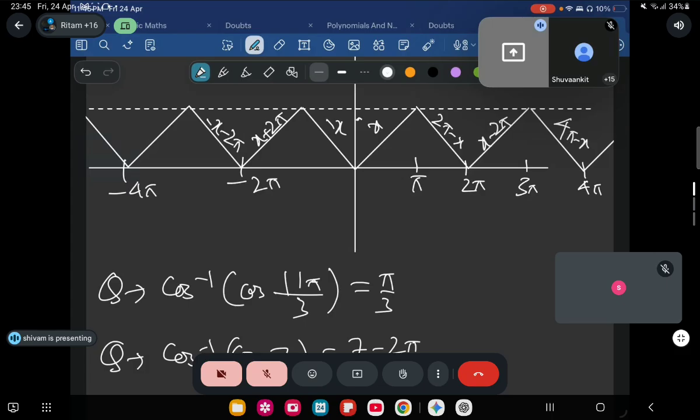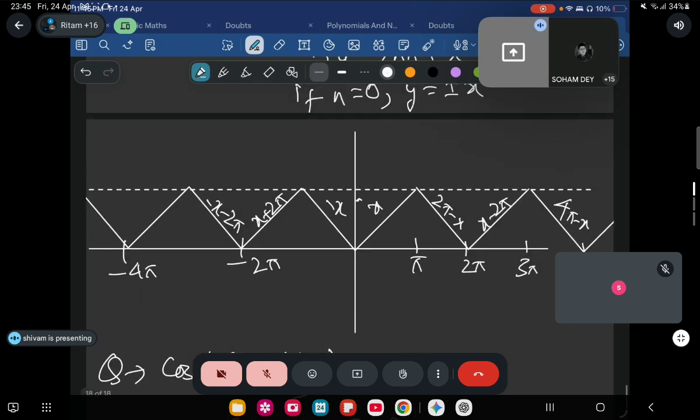Okay, till now, anyone having any doubt? Sir, for that branch between pi and 2 pi, could you explain why it becomes 2 pi minus x? What is the slope of this straight line? Minus 1. And what point does it pass through? 2 pi comma 0. So it will be y minus 0 is equal to minus 1 into x minus 2 pi.